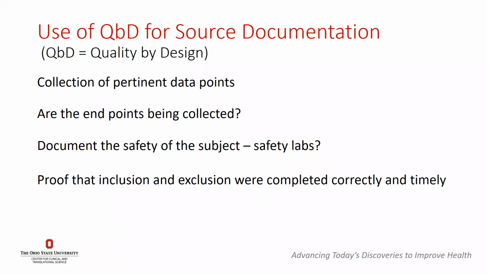Where you record the information on that CRF or the source doc, you can put anything on that source doc because it's not going to necessarily be entered into an EDC. So what we did with the blood pressure, we had a place that said what time did the patient arrive, what time was the first blood pressure taken.